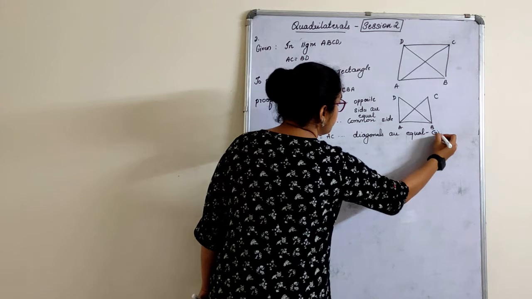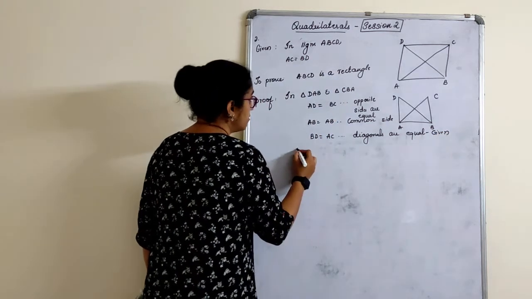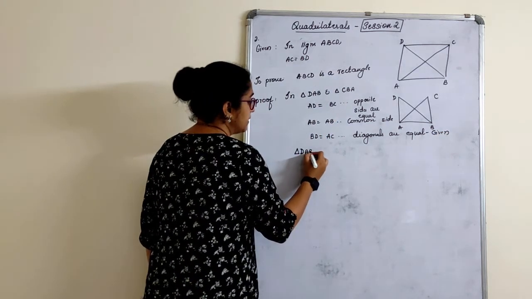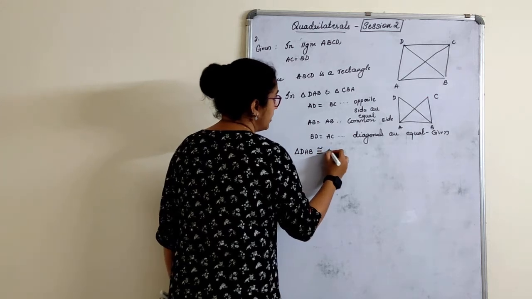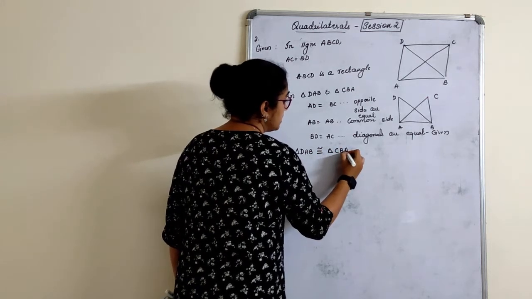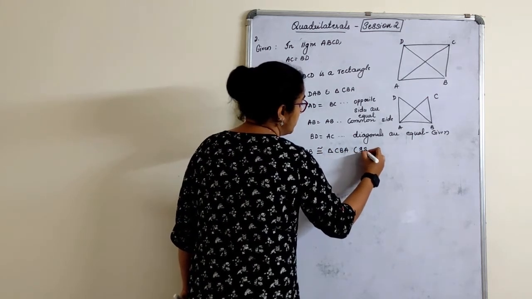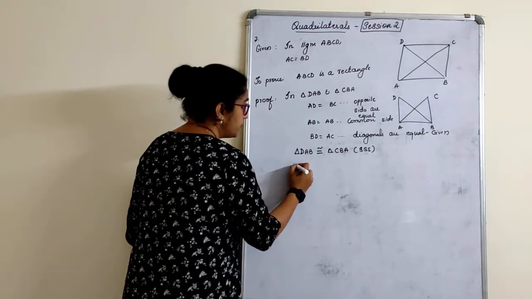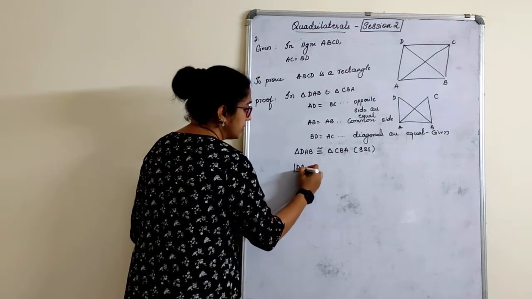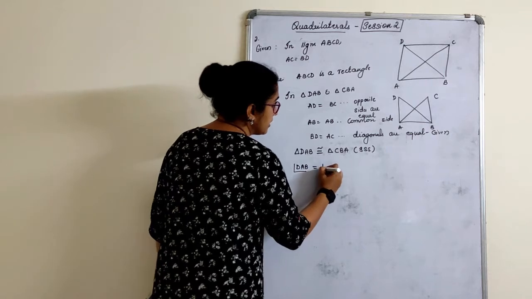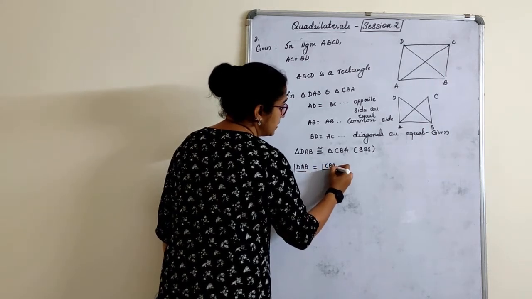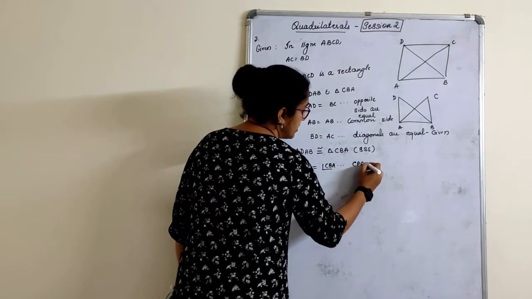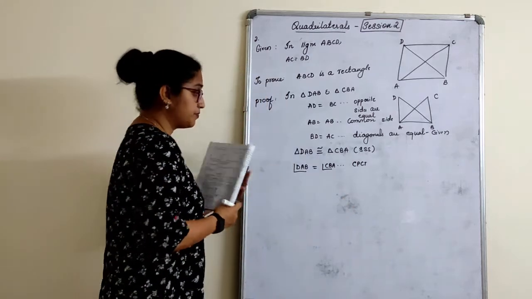Equal, given. Therefore, triangle DAB is congruent to triangle CBA by SSS congruency rule. From this, I can tell that angle DAB is equal to angle CBA by CPCT. Okay.